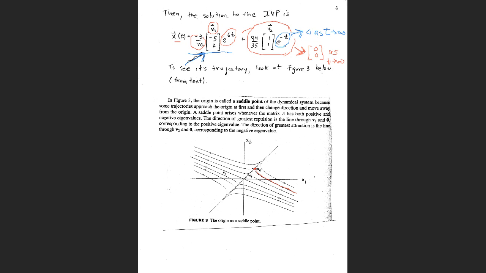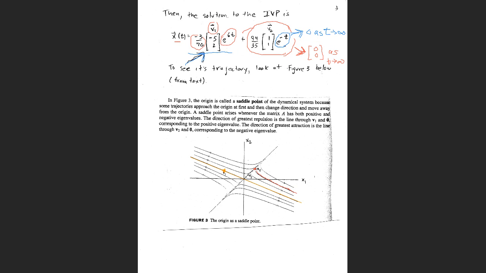And if you notice here, the eigenvector v1, which is given by negative 5, 2, that's right here in the picture. Here is the line that passes through the origin and through eigenvector v1.